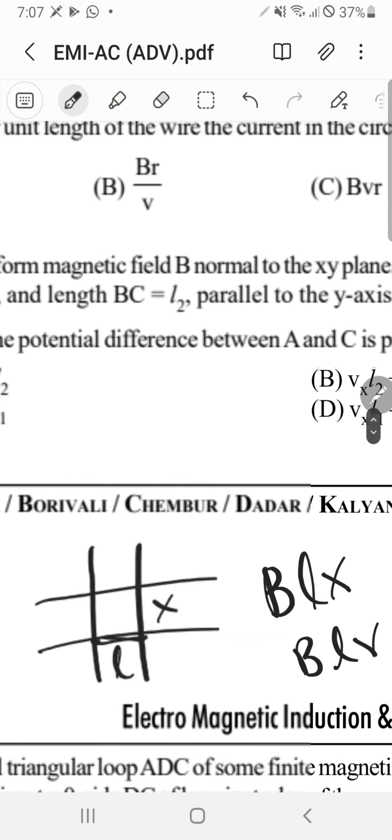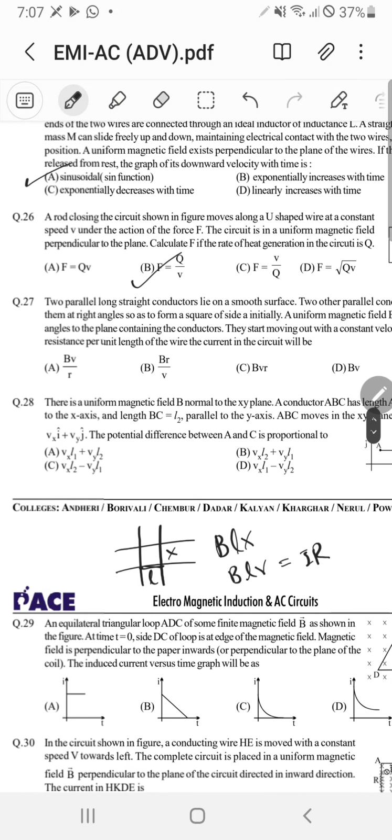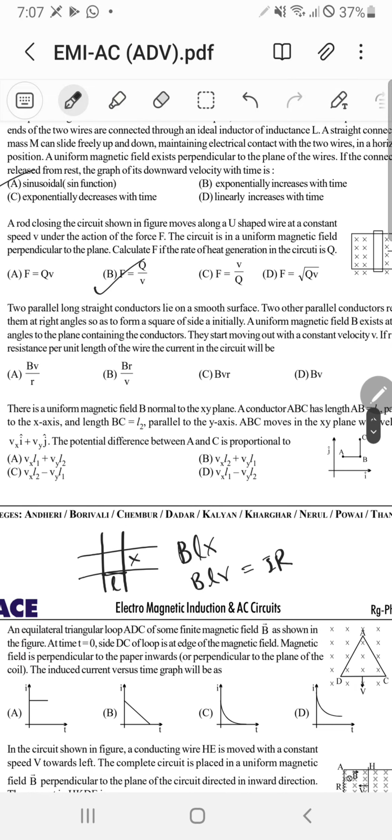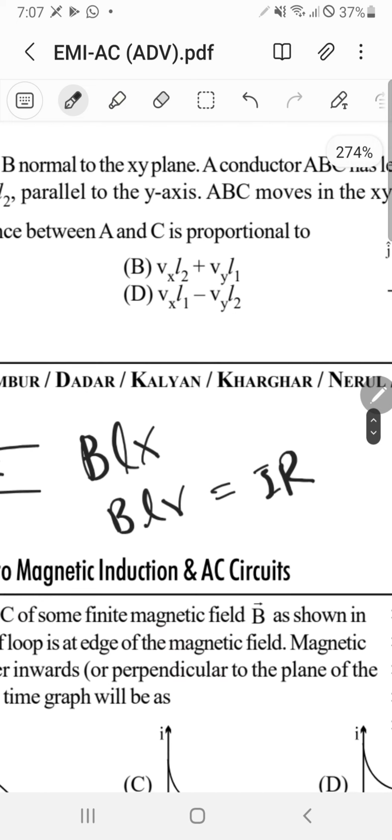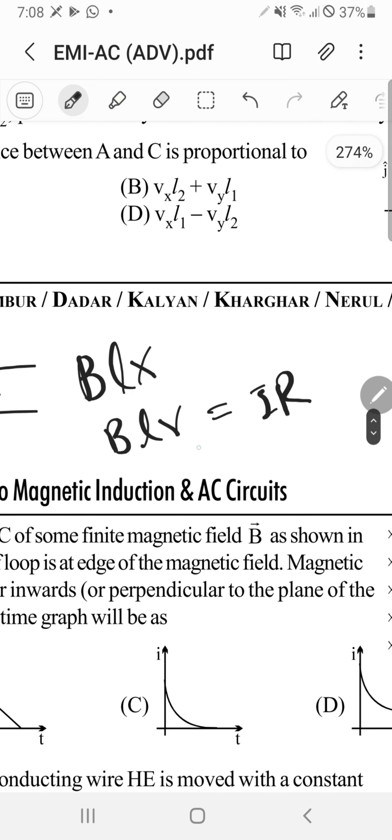What do we want to find really? Constant velocity. All right, if I is the current, we just want to find the current. So we got this thing, BLV equal to IR. V is constant, L is constant, B is constant. You can easily find out the current from this thing. What's the big thing? Oh yeah, this changes. This is like what?